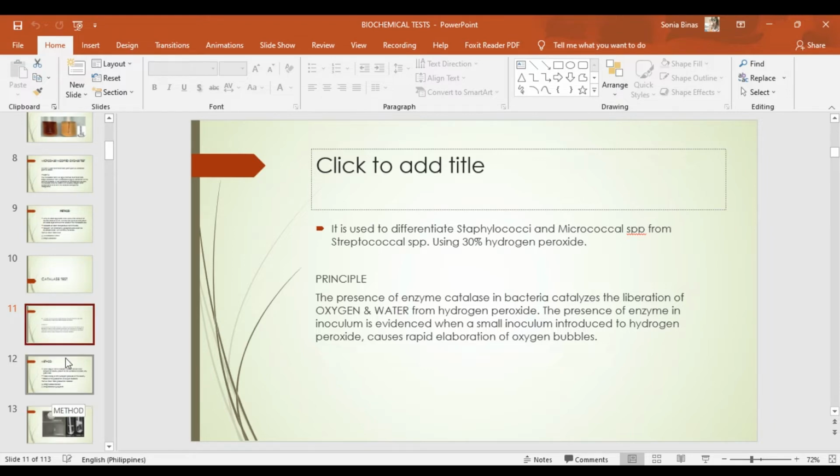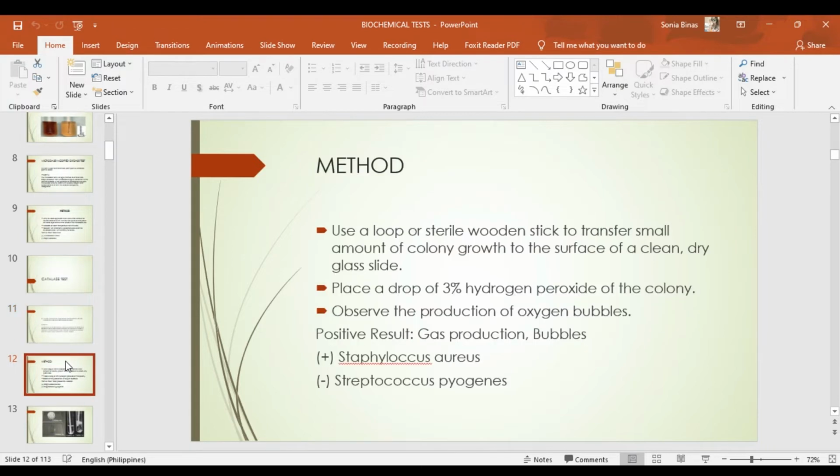So the positive reaction will be the production of our bubbles or effervescence. So using a small sterile wooden stick, transfer a small amount of colony growth to the surface of a clean, dry glass slide. Dapat laging malinis ang ating slide to avoid contamination.